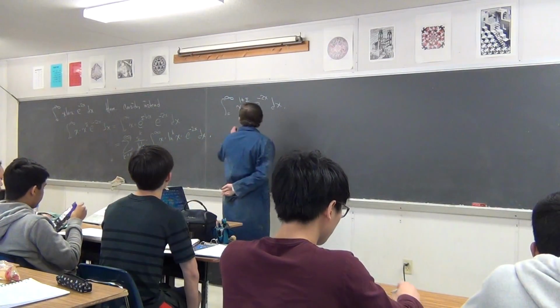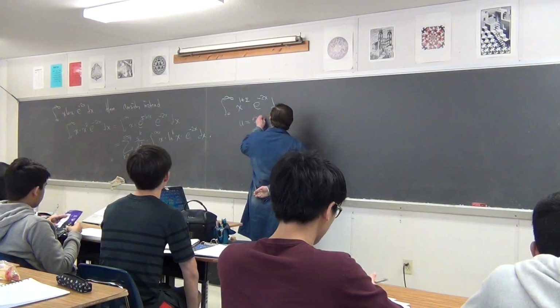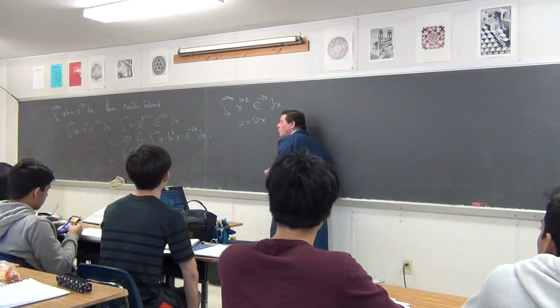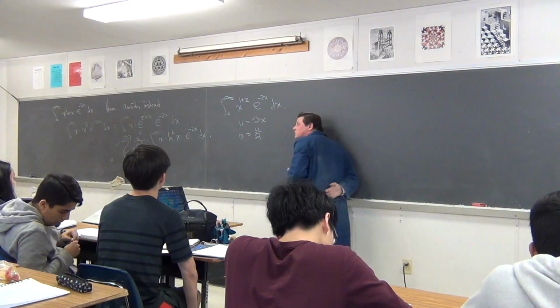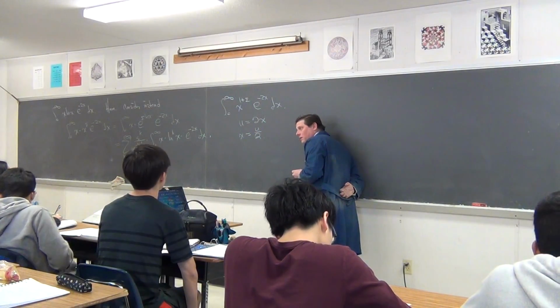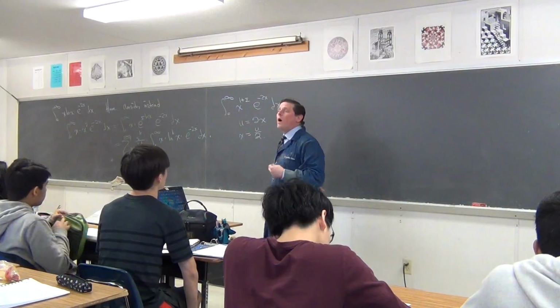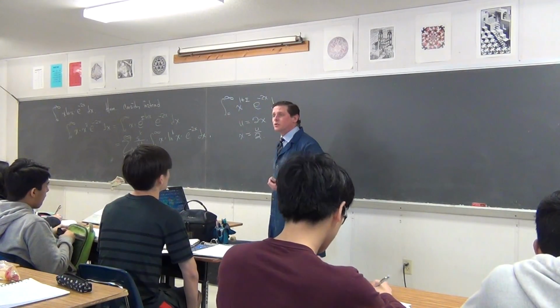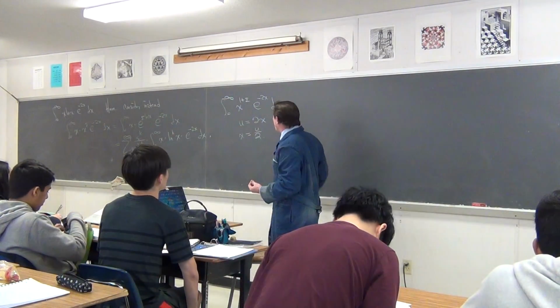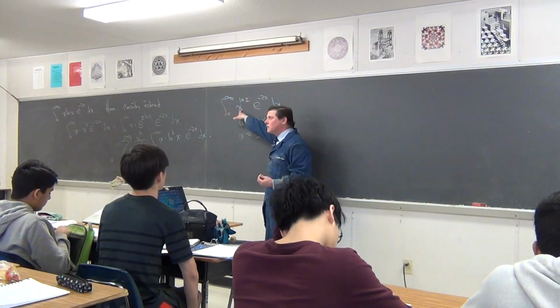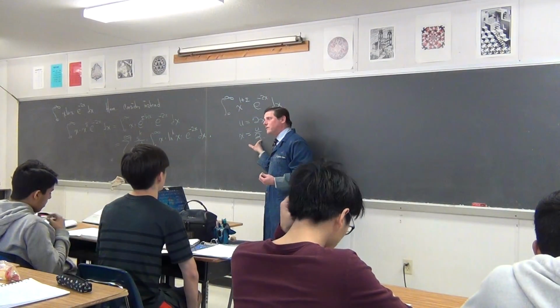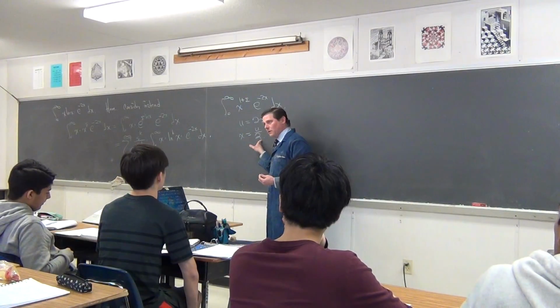Happily, that 2 is something we can easily remove via a scaling substitution. So I'll write u equals 2x, which means x is equal to u divided by 2, right? Now, one very easy way to do this substitution is just to go through and recognize everywhere you see an x, you get a 1/2. All right?